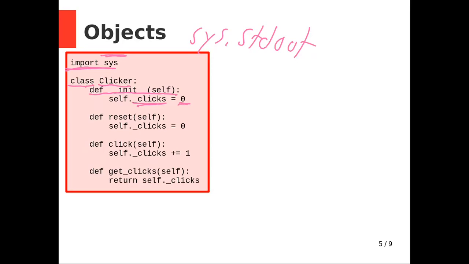So notice the underscore. That is sort of loosely private. This variable is still visible by everybody as ._clicks. So someone outside of a clicker object could still alter clicks, right?